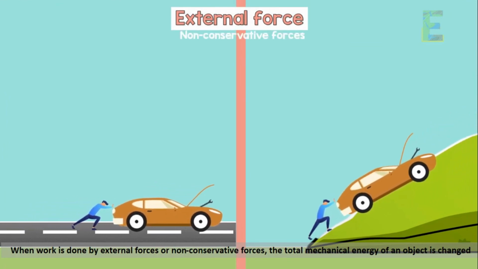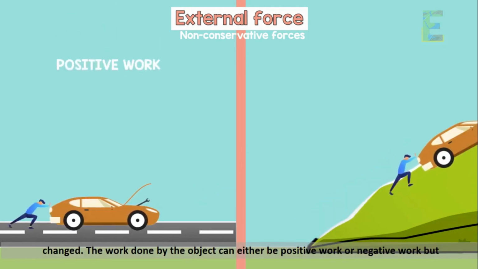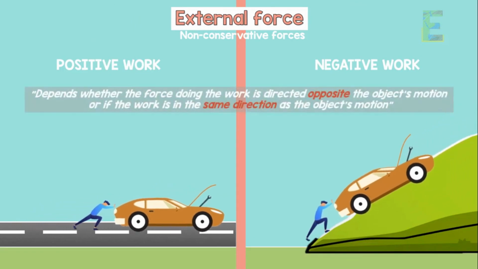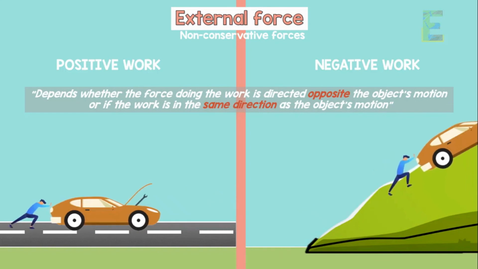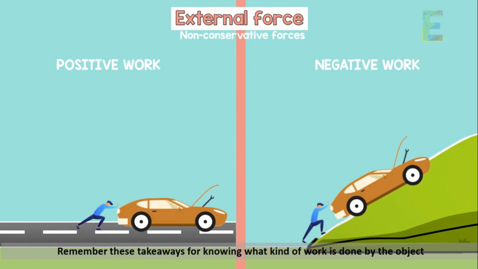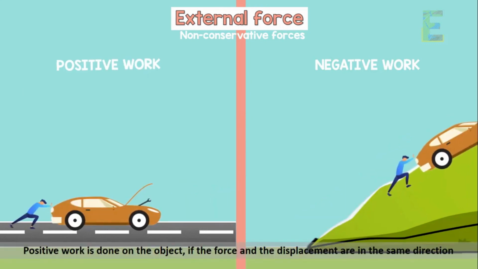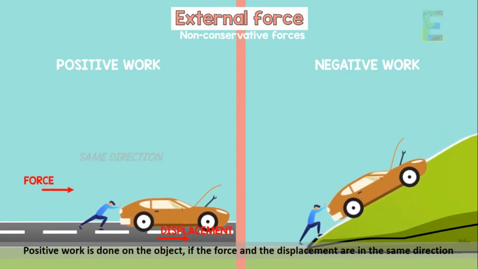When work is done by the external non-conservative forces, the work is either positive or negative. When work is done on the system, that is positive. When work is done by the system, that is negative. In the opposite direction, that is negative. These are the two examples for the external forces.